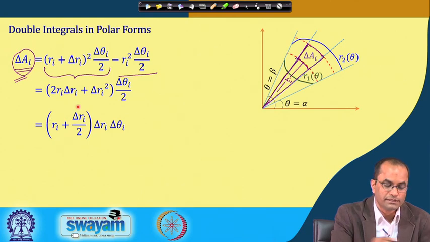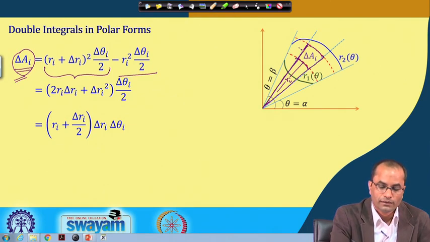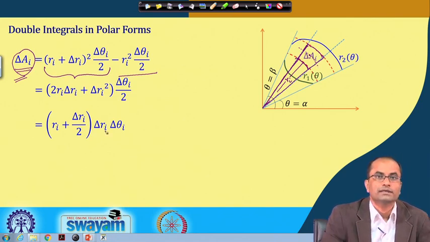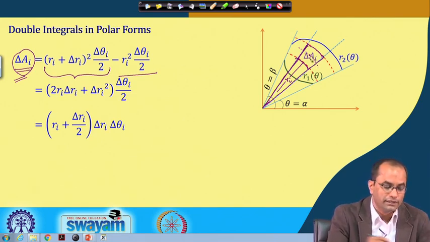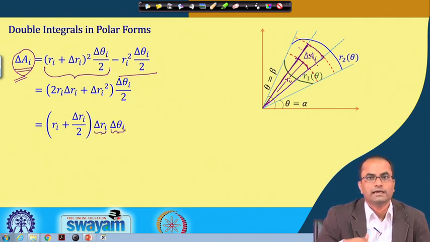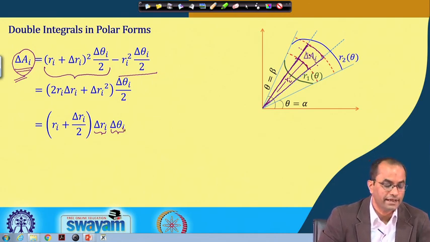So, this r_i plus delta r_i by 2 is somewhere in the middle here. So, this is the circular arc which has the radius r_i plus delta r_i by 2, and then we have delta r_i and this delta theta_i, the increment we have made in the radius and also in the angle.